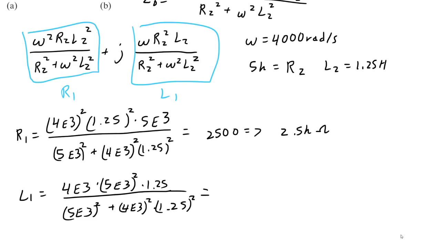Punch all of that into your calculator. I get 625 millihenry. That is L1.